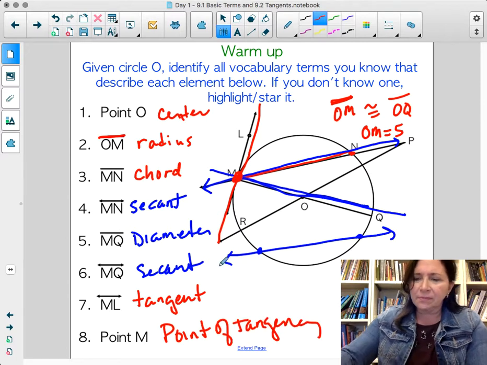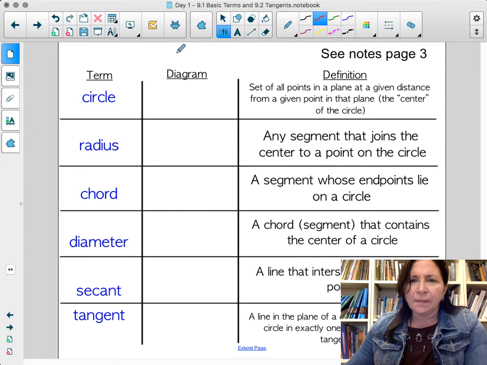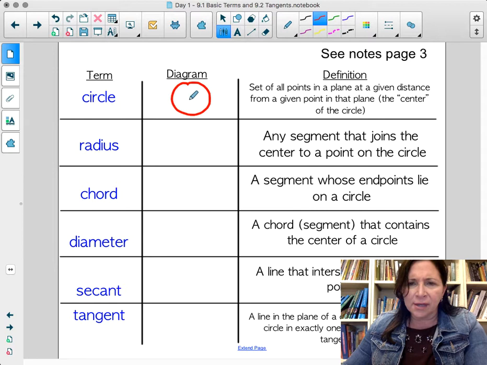Okay? So giving some definitions to this, this does go along with your note packet. A circle is the set of all points in a plane at a given distance from a given point. So there's our given point. A circle is the set of all points that are the same distance from one single point.